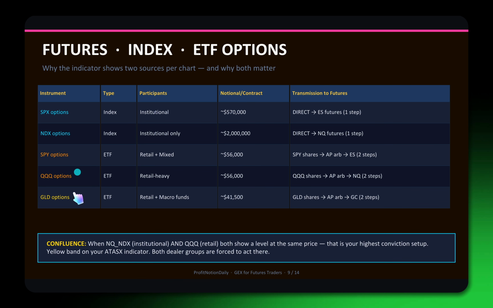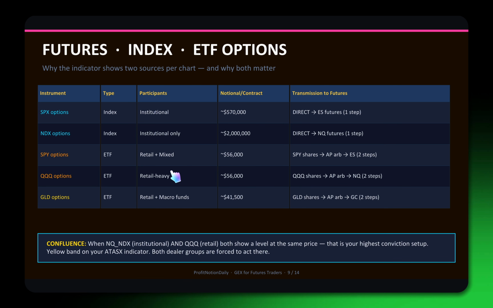Now for the ETFs, this is why it's important to have the ETF levels, because if retail folks buy or sell SPY or QQQ options, they do that because the value of those is much less and it's easier to get. But if you wanted to hedge that, then obviously you would just buy or sell the shares of the ETF.